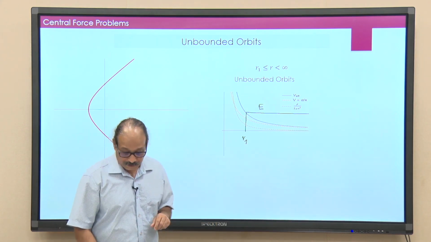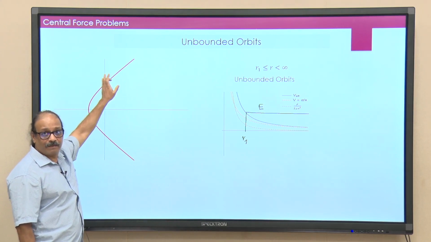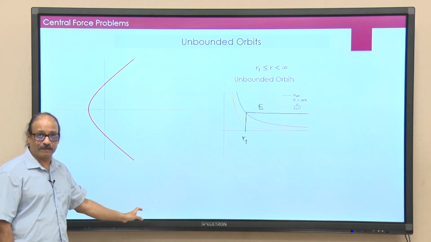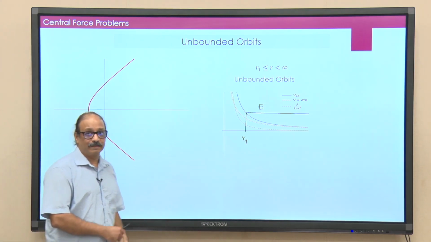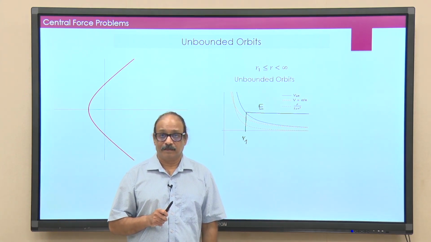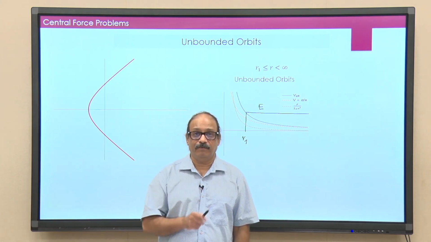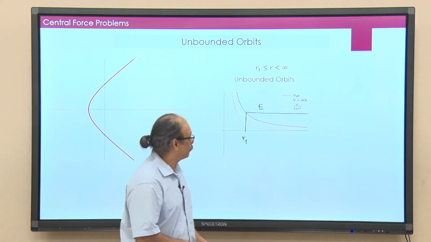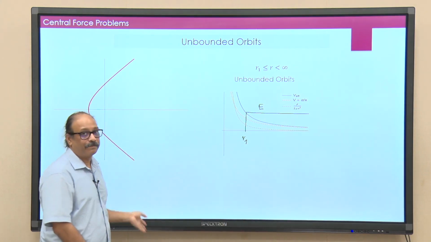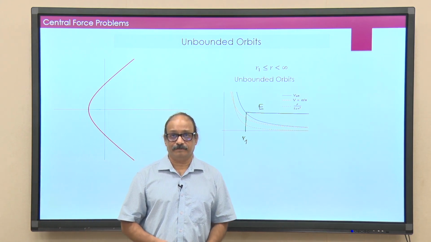I still need time variation to decide where the particle was at a particular instant and how it is moving along the trajectory, but finding the trajectory is basically finding r in terms of theta. So, in the next class we will find methods of determining the equation of the trajectory, the curve along which the particle would travel. Okay. So, see you in the next class.